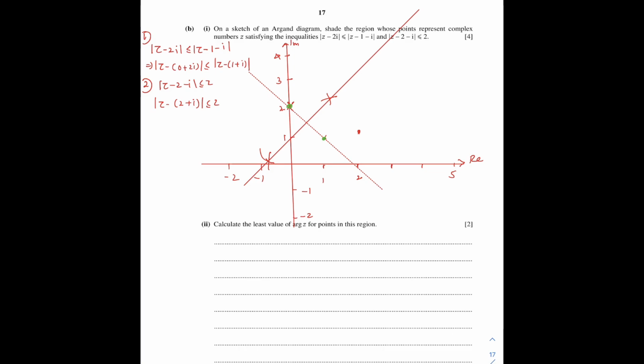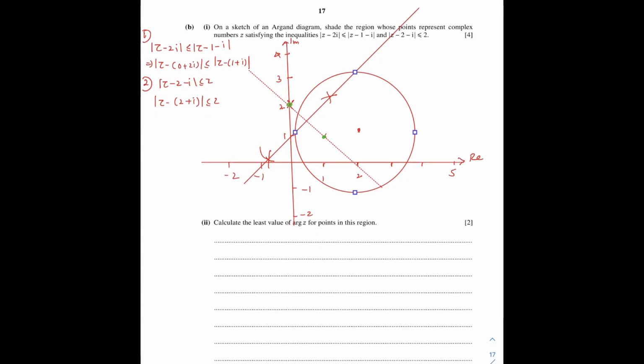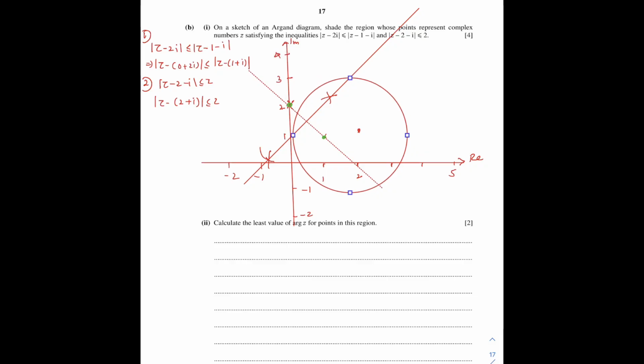So that's 1, 2. 2 plus i is the center, and my radius is 2. So I'm drawing it. I will try as much as possible to be perfect. I hope it's okay.